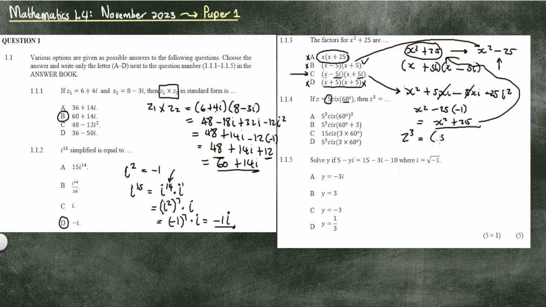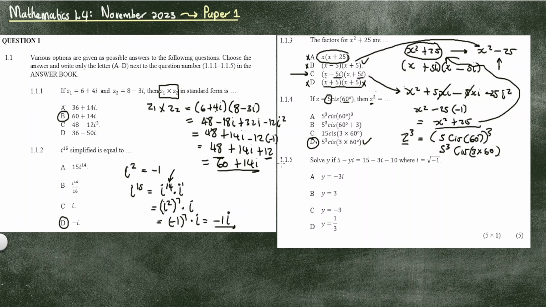So taking this 5 cis of 60 degrees, z is equal to 5 cis 60 degrees. We want z raised to exponent 3. So it's going to be a 5 cubed and a cis 3 multiplying 60 degrees. So the answer should be this one, D. So the answer is going to be D in this case.